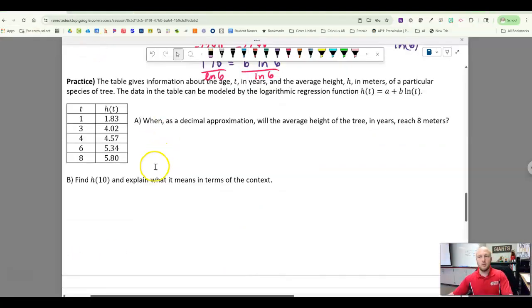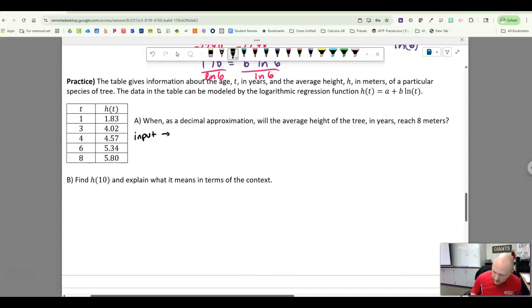Okay, so let's see what they want. They say A, when as a decimal approximation will the average height of the tree in years reach 8 meters? Okay, so what they want is 8 meters. And what I like to do for these questions is always identify the inputs. What is our input?